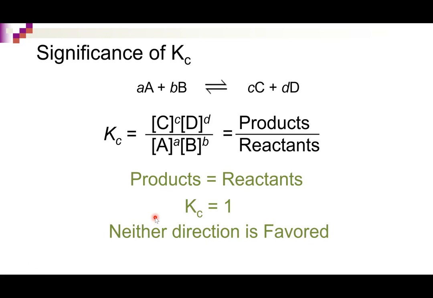In this case, this is probably the most friendly one because this is what our brain wants to do. The equilibrium lies right in the middle. So we don't have reactants favored or products favored. Once it finds equilibrium, we have equal amounts of each. So that's what happens when Kc equals 1.